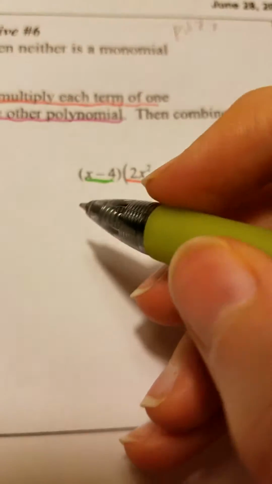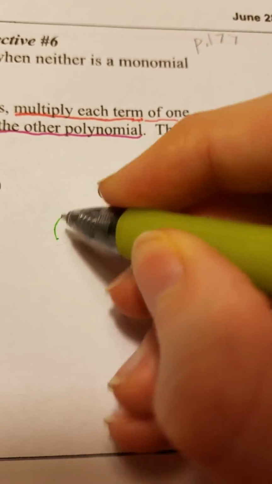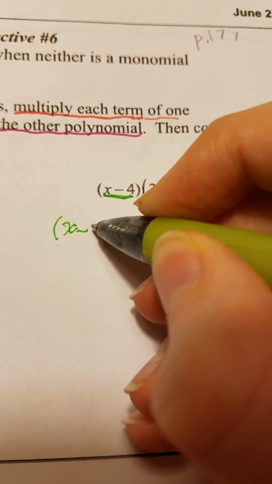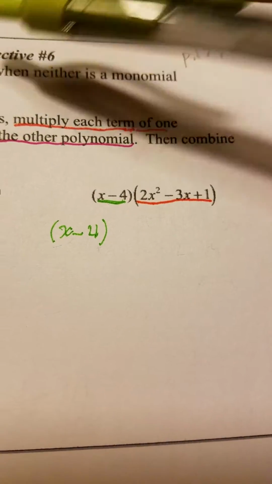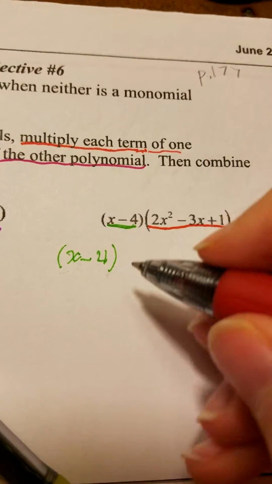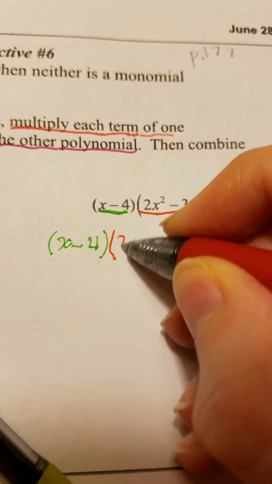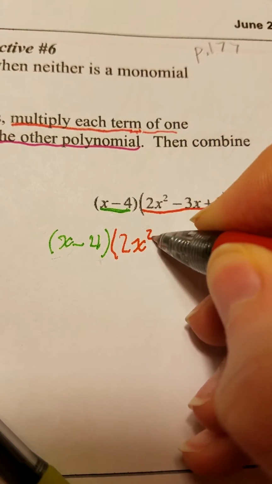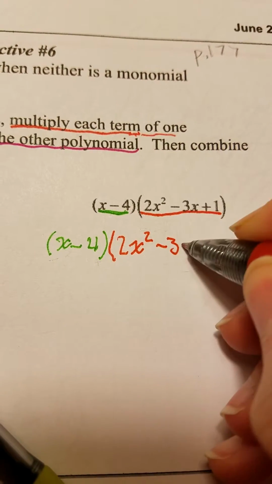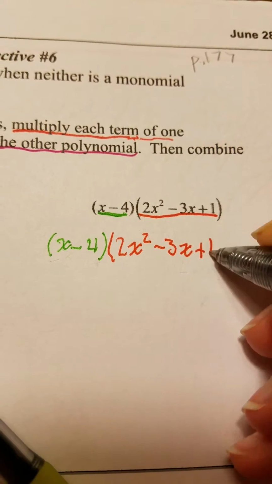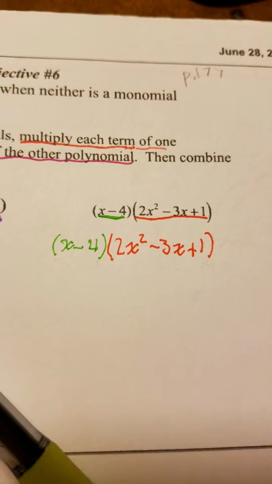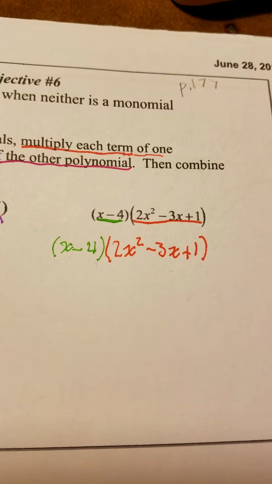So let's go ahead and write the problem. x minus 4 times 2x squared minus 3x plus 1. That's what we have. So we're going to distribute.